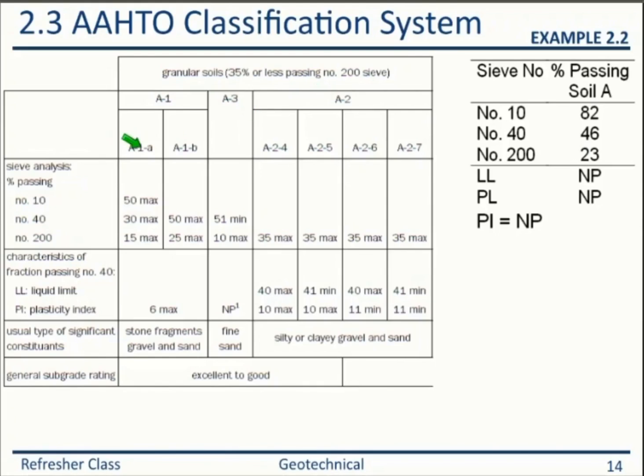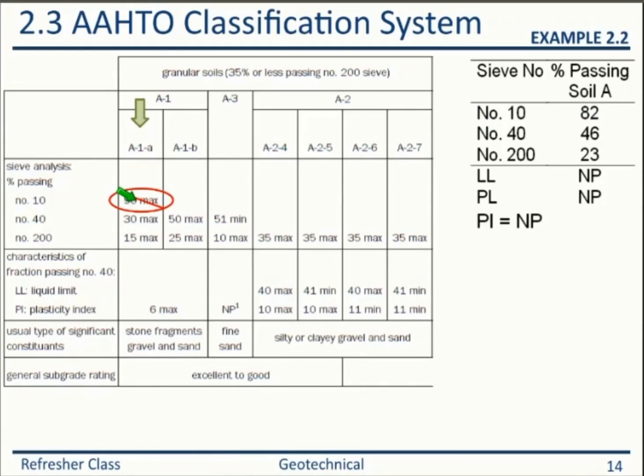You need to start at the far left here. The first requirement is percentage passing through number 10 sieve is 50% maximum. For soil sample A, percentage passing through number 10 sieve is 82%. So that is more than the maximum 50%, so soil sample A does not meet this criteria.